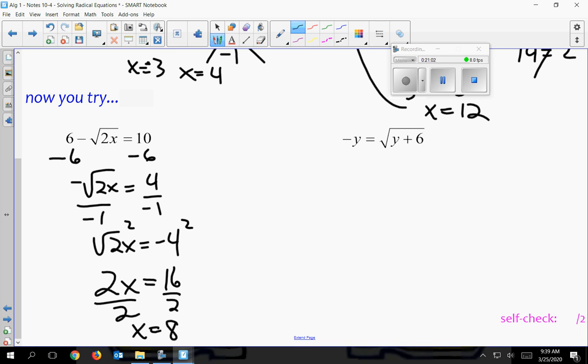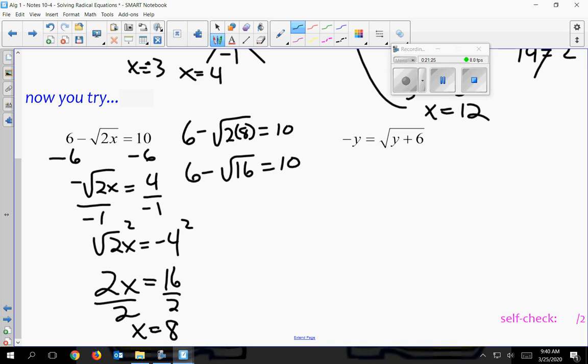All right. So hopefully a pretty easy problem there. But I need to see if it works. So I'm going to go ahead and plug it back in. The x is now 8. So 6 minus 2 times 8 is 16 equals 10.